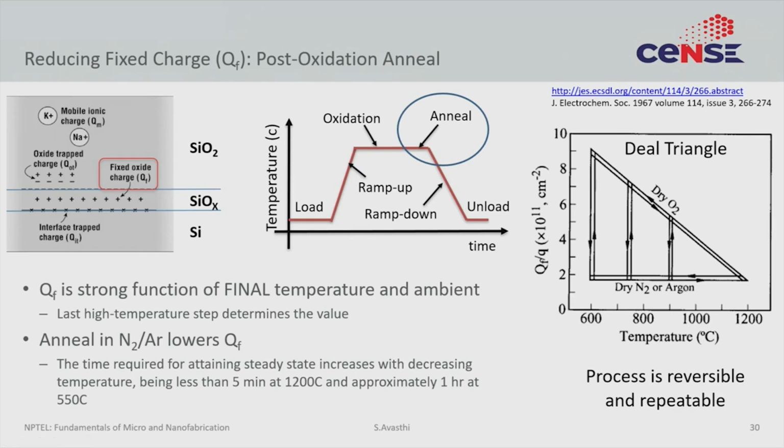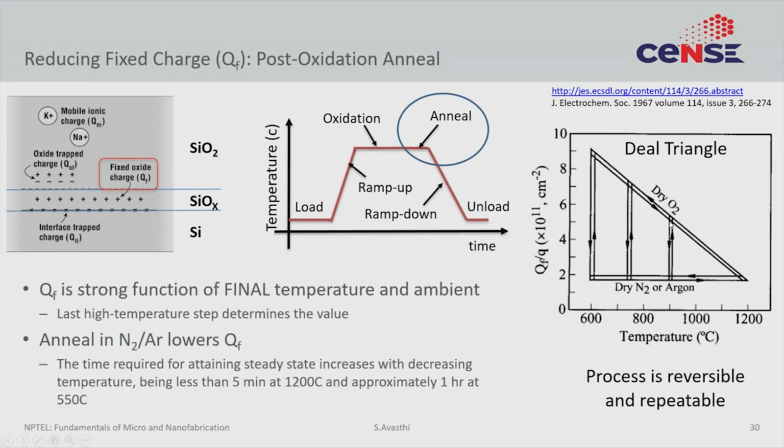Furthermore, this triangle is reversible. Suppose you start oxidizing a wafer at around say 900 degrees C, you would get a defect density of say 5 into 10 to the power 11. If you take the same wafer and before unloading it, anneal it under nitrogen, maintaining the same temperature but annealing under nitrogen for some 30 minutes or so, the defect density would actually fall.